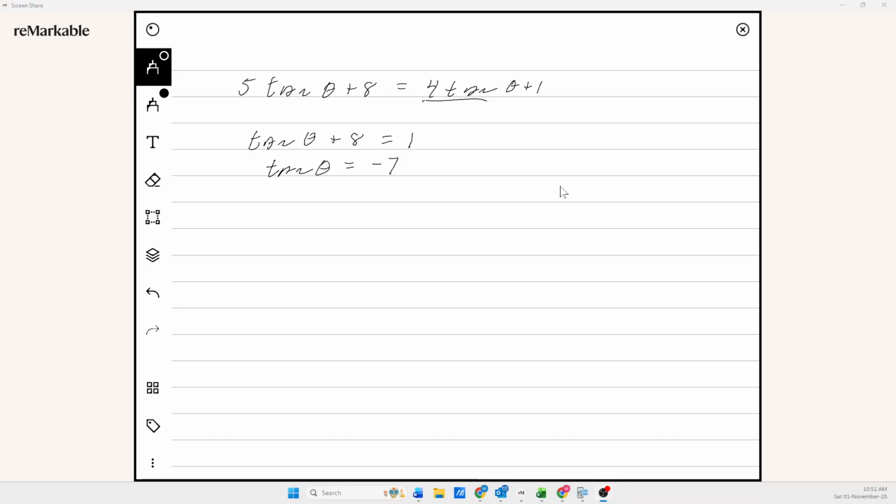Obviously, this would not work for the sine or cosine because they have to be between 1 and -1, but the tangent can be any number. So now I want the inverse tangent of -7.